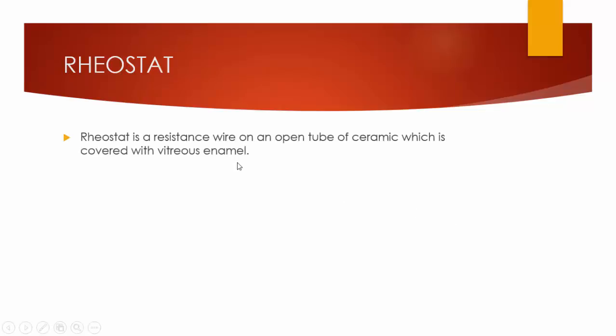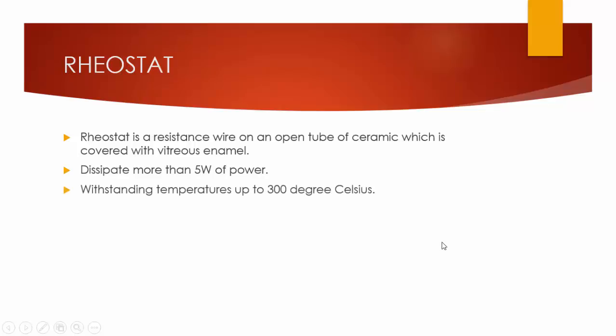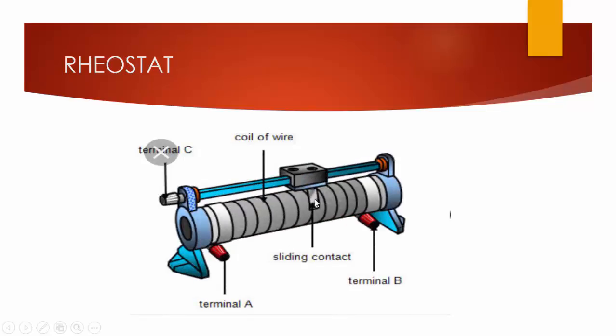A rheostat is a resistance wire on an open tube of ceramic which is covered with vitreous enamel. It dissipates power of more than 5 watt and withstands a temperature of 300 degrees Celsius. It is used in high power applications such as X-ray tubes, building currents, ovens, etc. Here is the diagram of a rheostat.